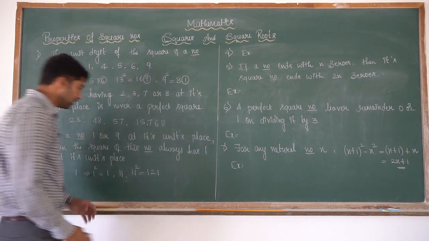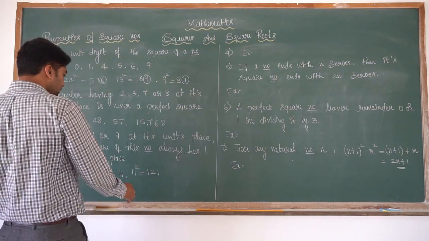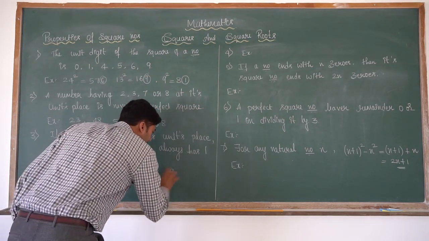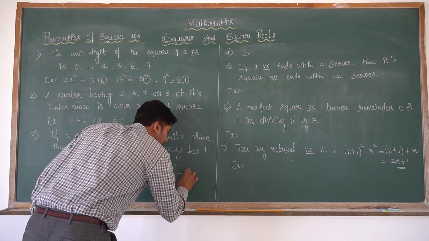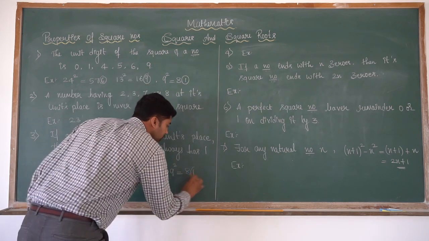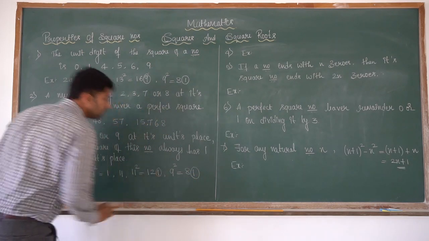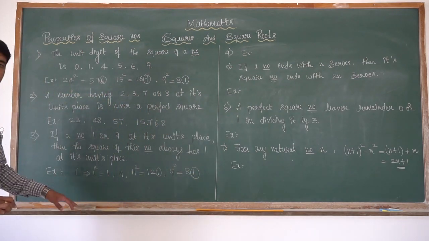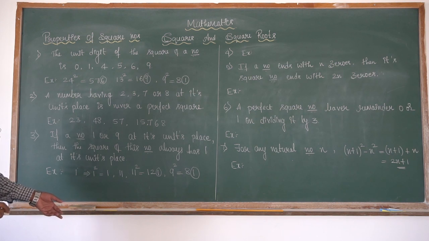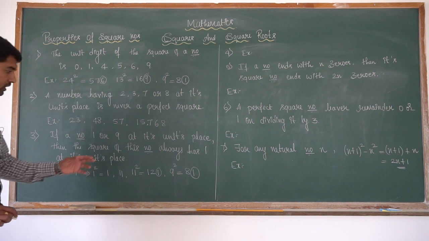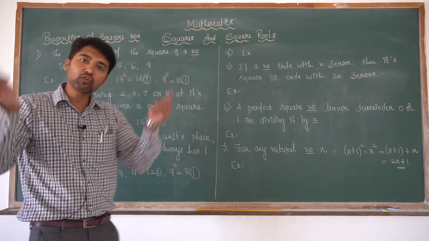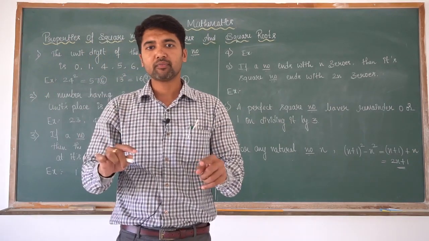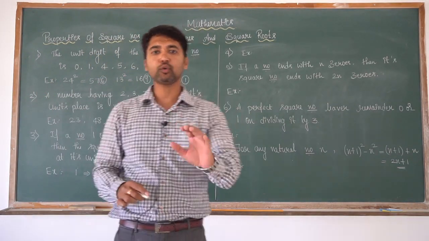Clear? Then next if I take 9, 9 square is equal to 81. So the unit digit will be 1. If I take 19, understood? If I take 29, whatever numbers you take with 9 in the unit place and 1 in the unit place, the square of those numbers will have 1 at its unit digit.